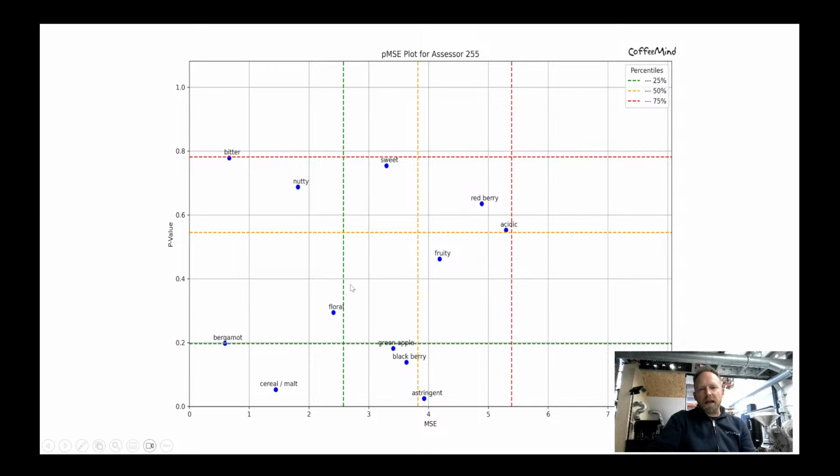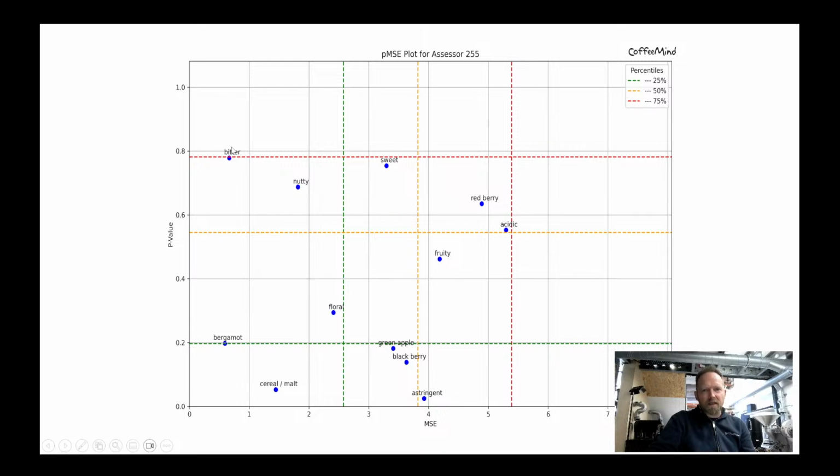So you can see here, this person really needs to train sweetness. I would tell this person sweetness is too important to have a high variation, which is the x-axis, but also a high p-value. This person needs to train sweetness, red berry, and acidity as well. It's very important that basic taste needs to be in the lower left.